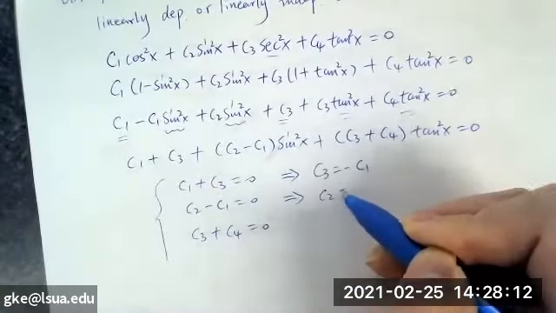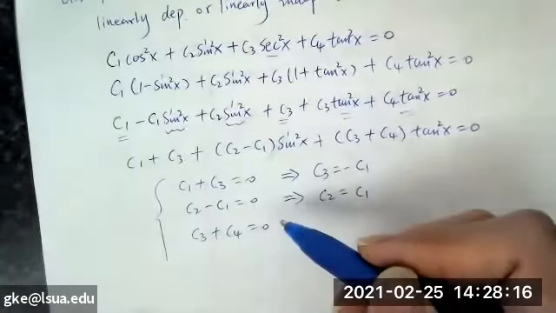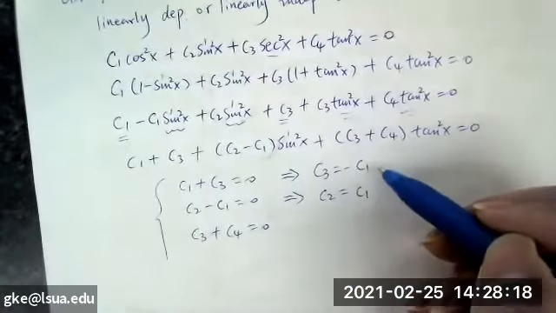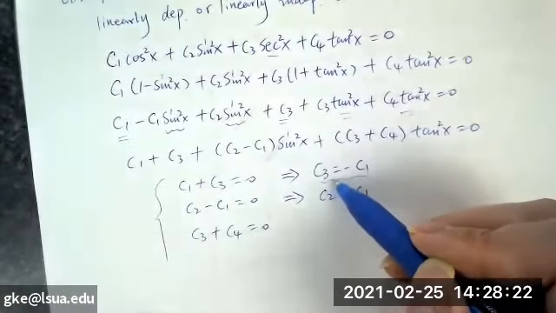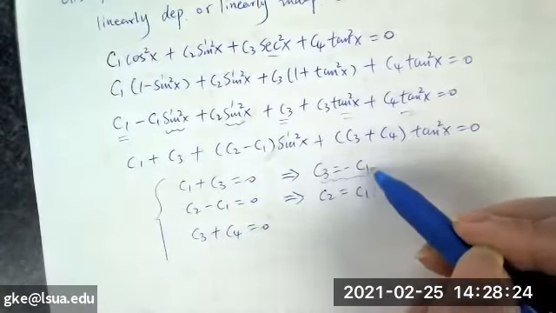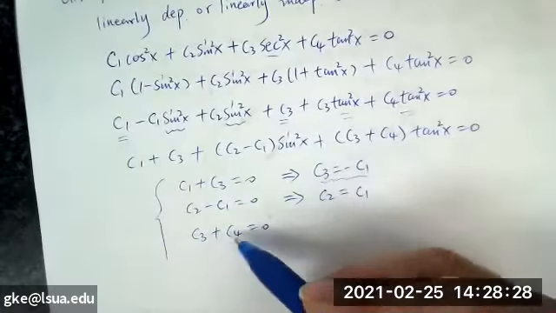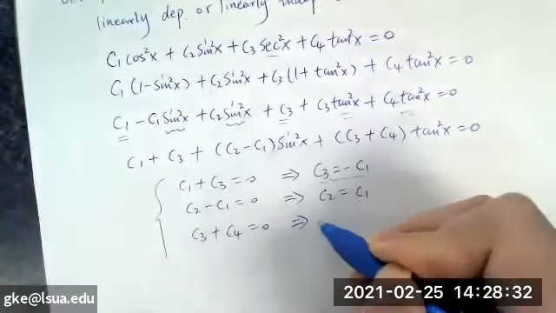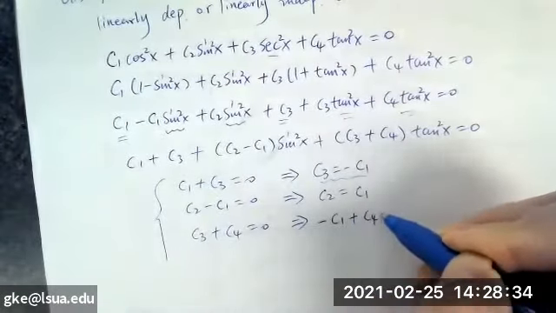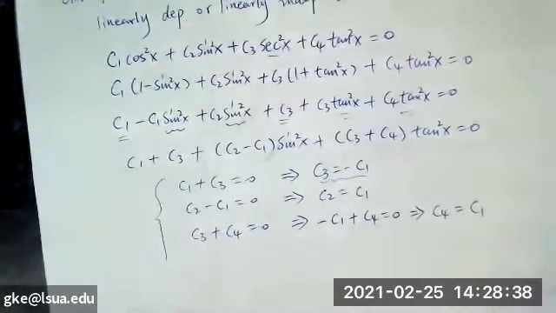And the second equation is C2 equals C1. Then we plug C3 equals negative C1 into the third equation: negative C1 plus C4 equals 0. That means C4 equals C1, right?